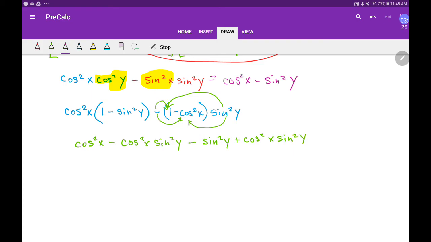And I say, well, hey, these are the same thing but different signs, so they're gone. And I get cosine squared x minus sine squared y, which is indeed what's on the other side. So I have verified the identity because I got the same thing on both sides.